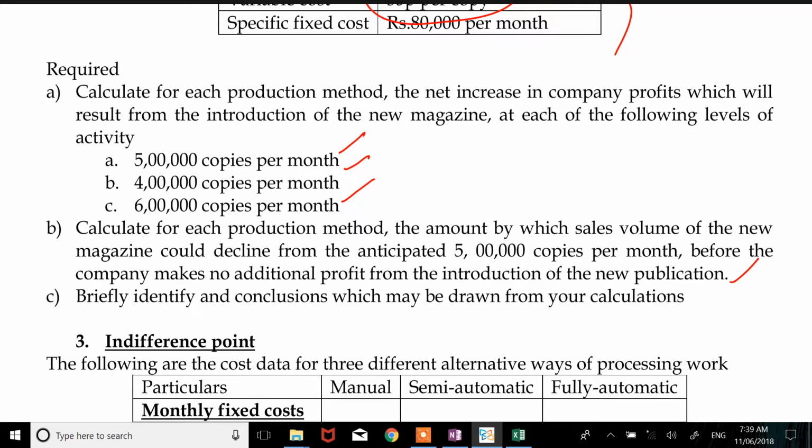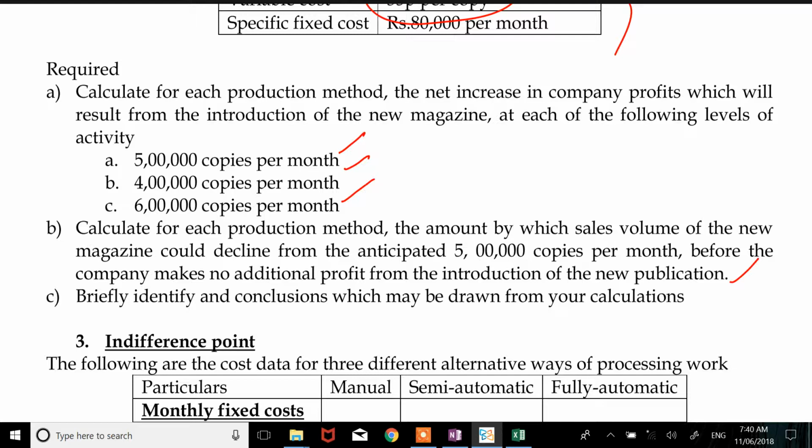What is this item? You tell me first. Calculation is not great, simple thing only. But what are they asking us? If the number of units increase, then it will go beyond the indifference point. Okay. So they are asking at which level will that happen? At 5 lakh level, both will make the same profits. What is the exact requirement of the question? If you understand the requirement, it's easy.